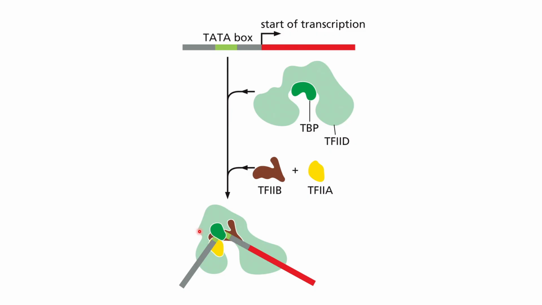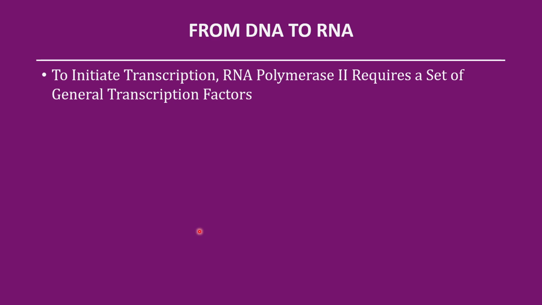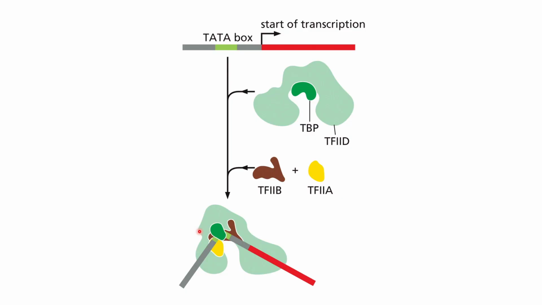So, how does it start? Well, just like in prokaryotic cells, you need to have transcription factors. You need to have helpers to open up that DNA or to show the polymerase this is where you need to start. Now, notice we have a Tata box. Again, a region where it has a lot of thymine and adenine. And usually, this Tata box will be located around 30-ish nucleotides upstream of where you want to start transcribing.